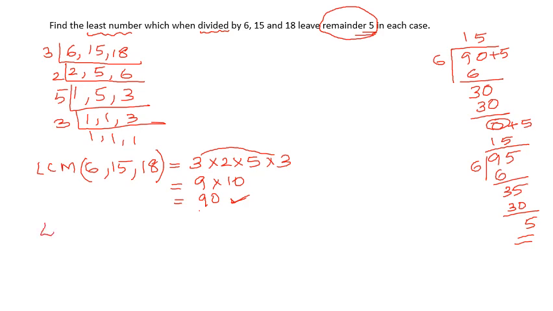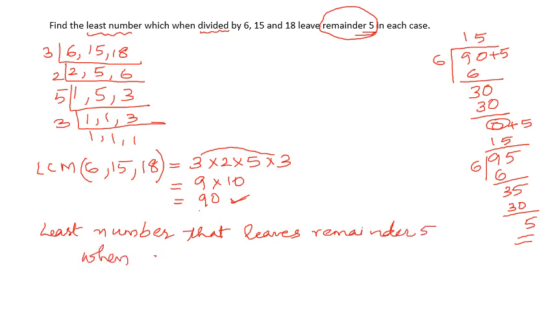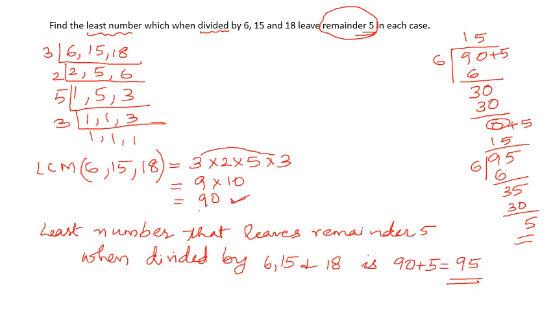So least number, so our answer will be least number that leaves remainder 5 when divided by 6, 15 and 18 is 90 plus 5, that is equal to 95. That is whatever is given as remainder, you are going to add that to this number.